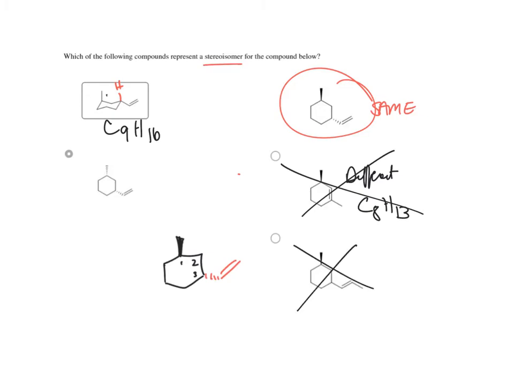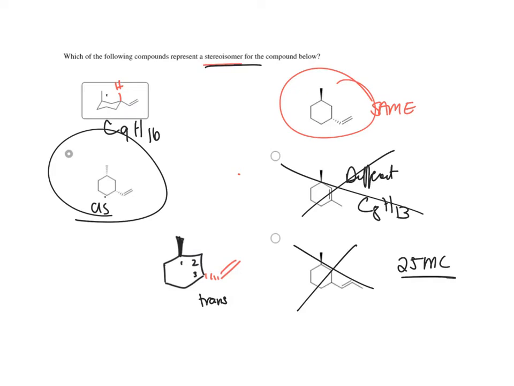So here, this is trans, and this is cis. So this would be a stereoisomer. A lot of times people just are not taking the time to read the question. I would recommend, you do have 2 hours. That is plenty of time to take this, folks. 25 multiple choice questions given to you in a face-to-face class.